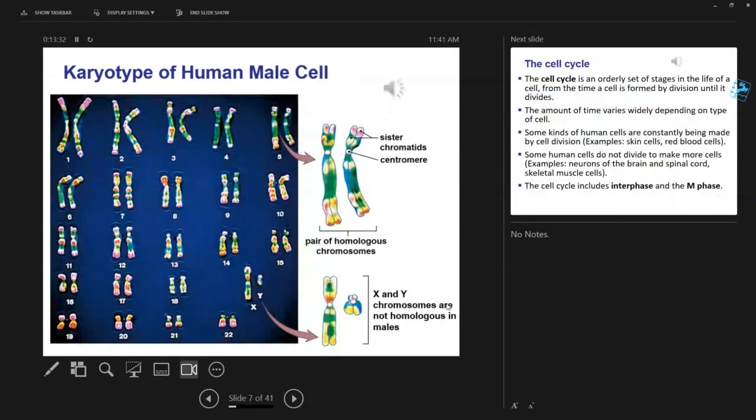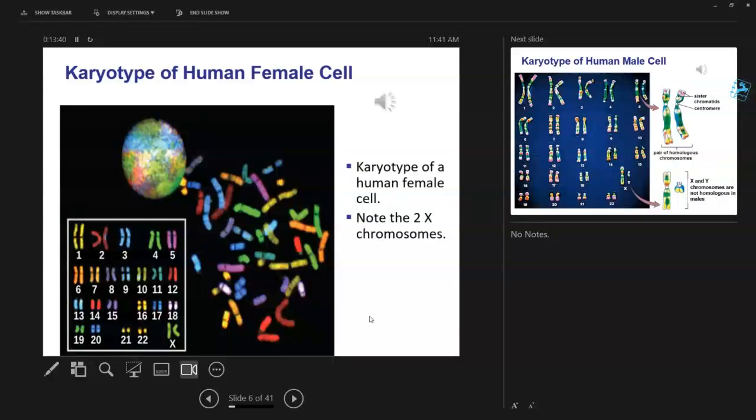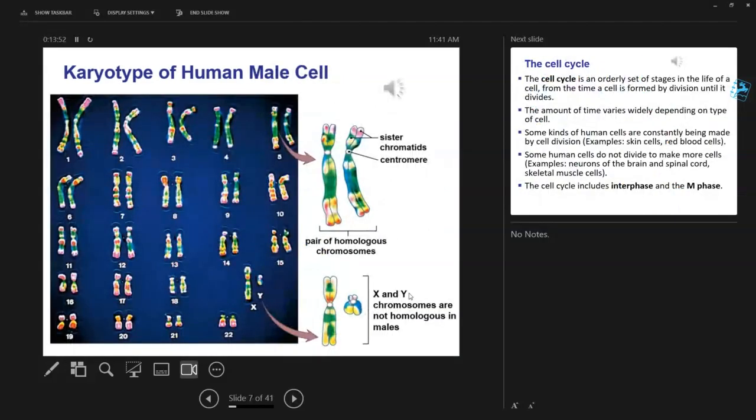Look at this other karyotype on the next slide. This one has an X and a Y. The 2 X chromosomes are the same size. They're homologous, just like the others. They have the same kinds of genes on them. But comparing the X and Y, Y is much smaller.